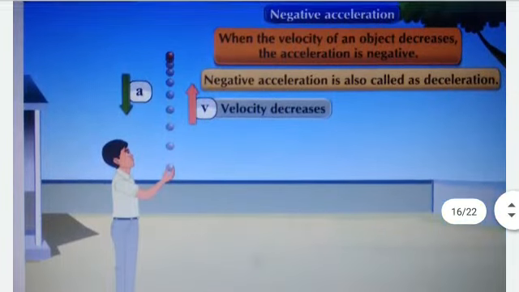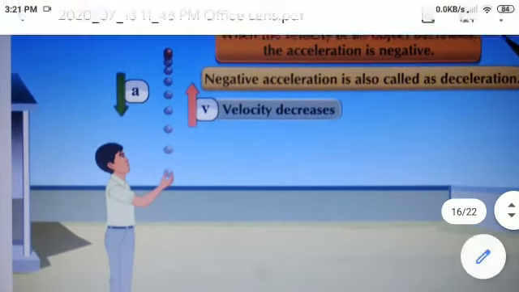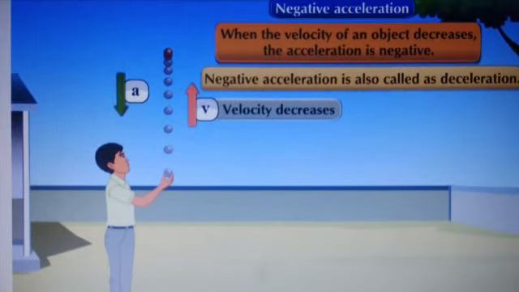Now, negative acceleration. When the velocity of an object decreases, the acceleration is negative. Negative acceleration is also called deceleration.